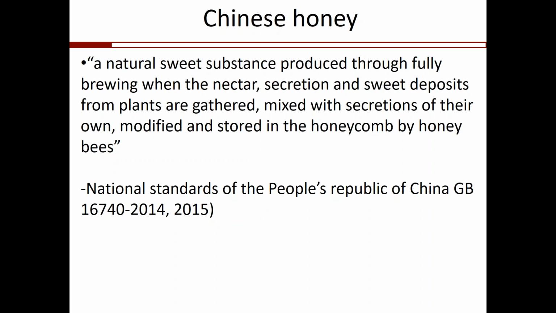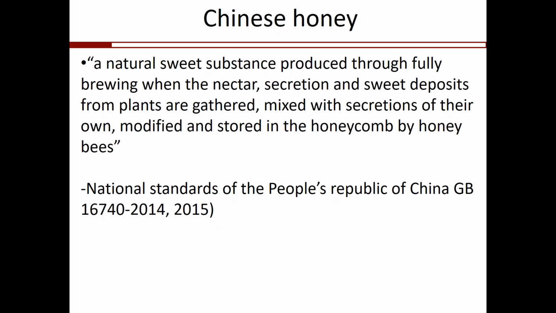So this is the national standard from China for honey. And it's, quote, a natural sweet substance produced through fully brewing when the nectar, secretion, and sweet deposits from plants are gathered, mixed with secretions of their own, modified and stored in the honeycomb by honeybees. Overall, it's okay. I mean, it describes the process of collecting nectar from plants and storing it.